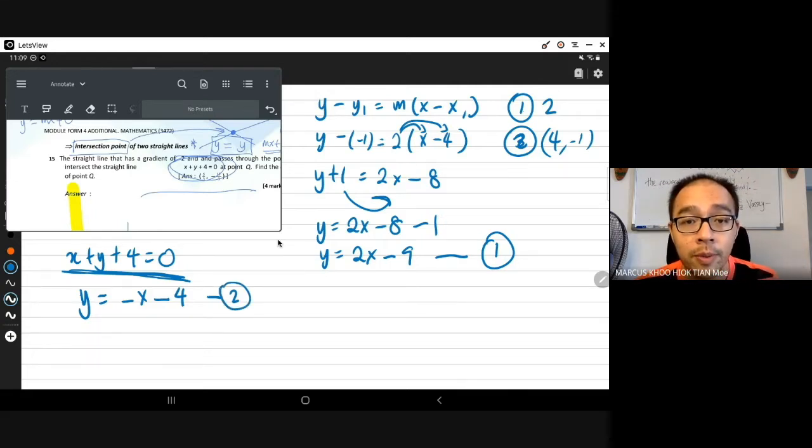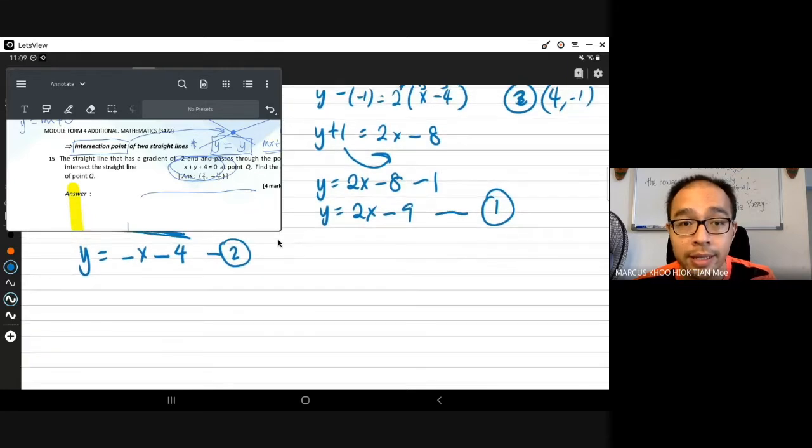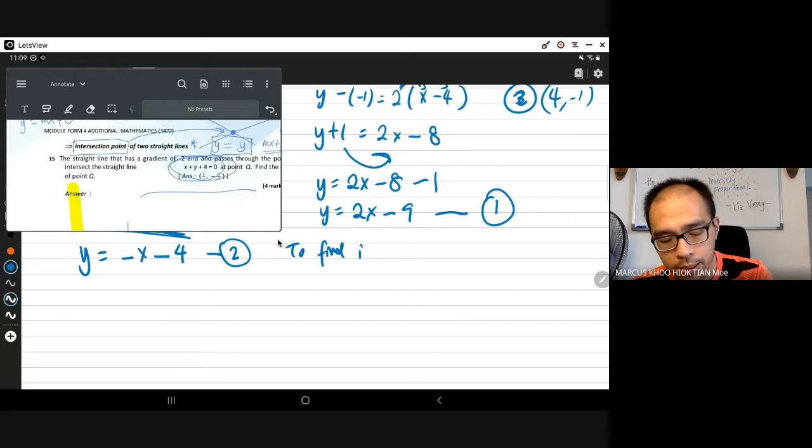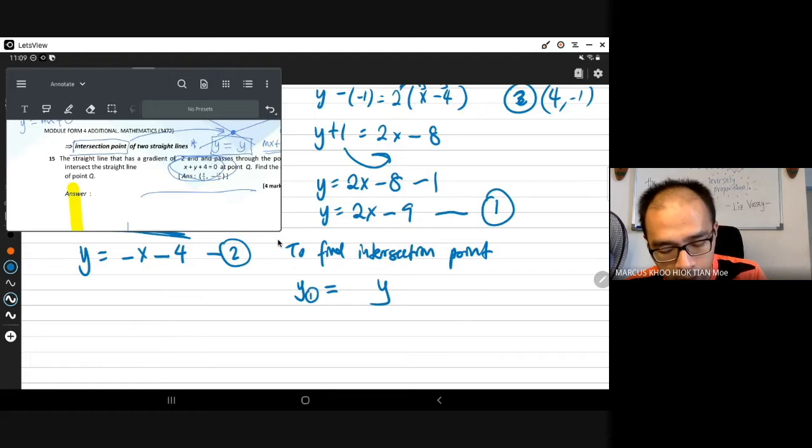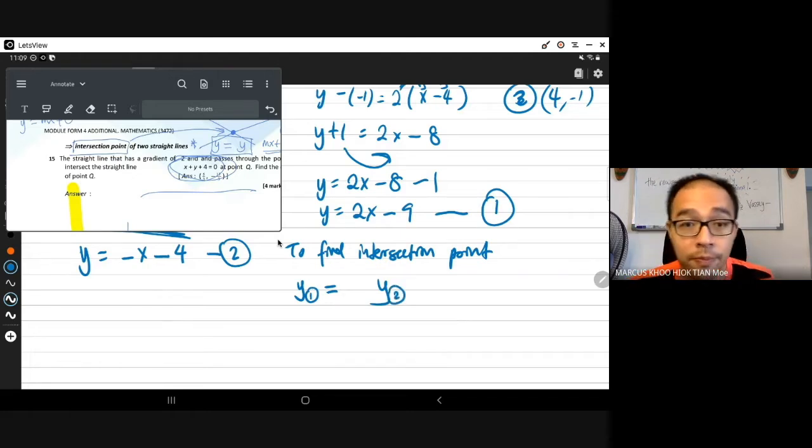Remember what I said just now, that to find the intersection point, we have y equals to y. The y from the first one equals to the y from the second one.